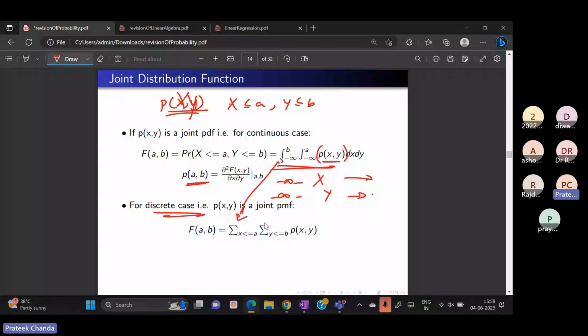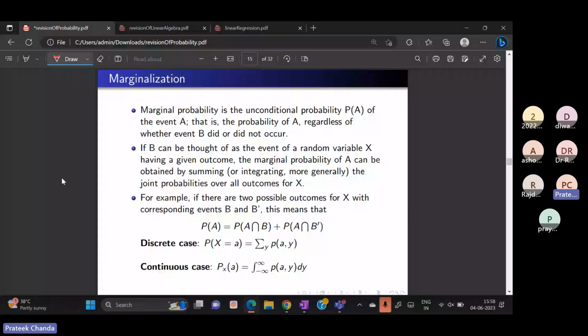So now I'll come back to marginalization again, because we will be using a lot of marginalization in PGMs, probabilistic graphical models, and so on. We saw some part of it in Bayes theorem. We'll go through more detail here. So marginal probability is basically the unconditional probability P of A of the event A, regardless of whether B occurred or not.